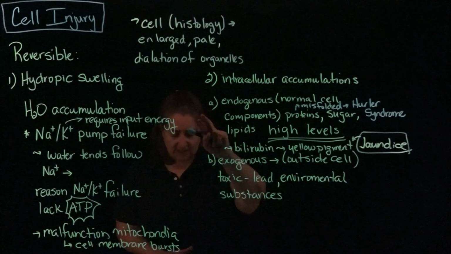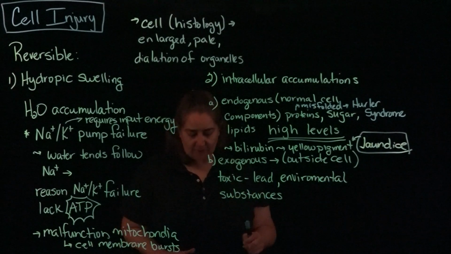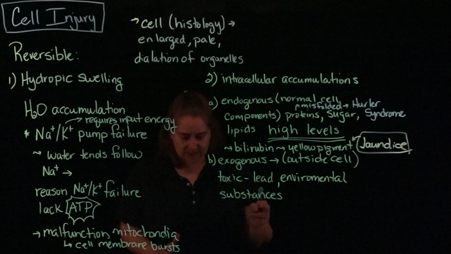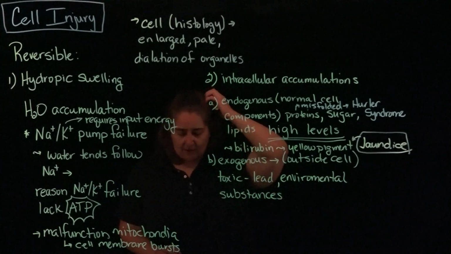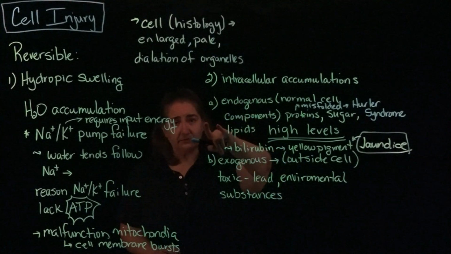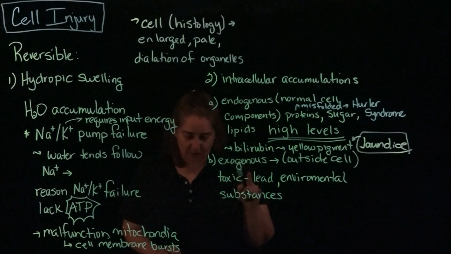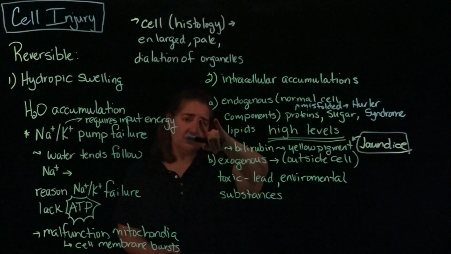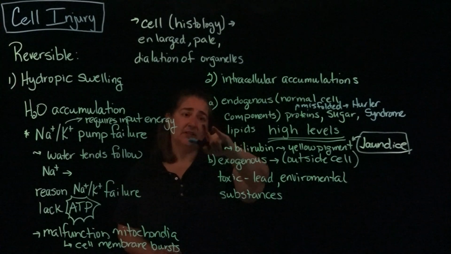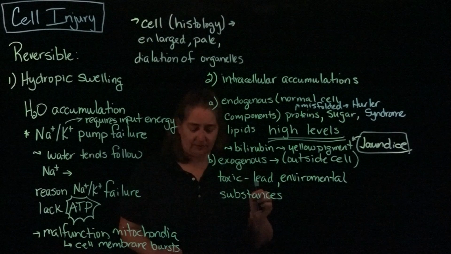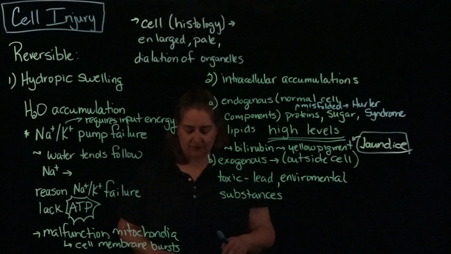Now, in this case, Hurler syndrome, it's a defect in mucopolysaccharides, and those mucopolysaccharides, when they accumulate, cause damage within the cell, typically causes some mental retardation associated with it, okay?